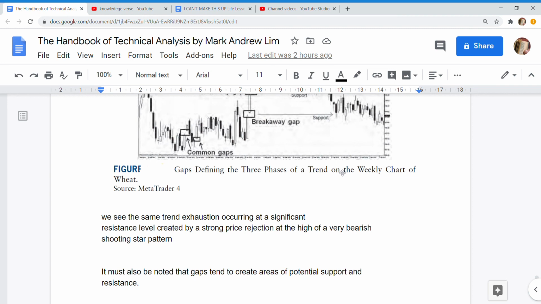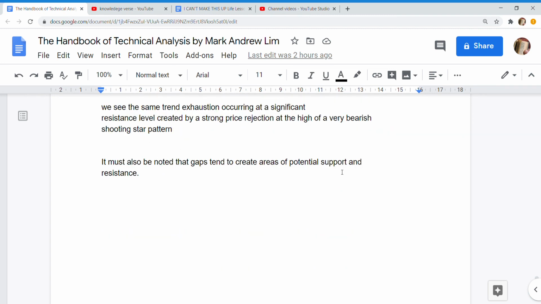We see the same trend exhaustion occurring at a significant resistance level created by a strong price rejection at the high of a very bearish shooting star pattern. It must also be noted that gaps tend to create areas of potential support and resistance.